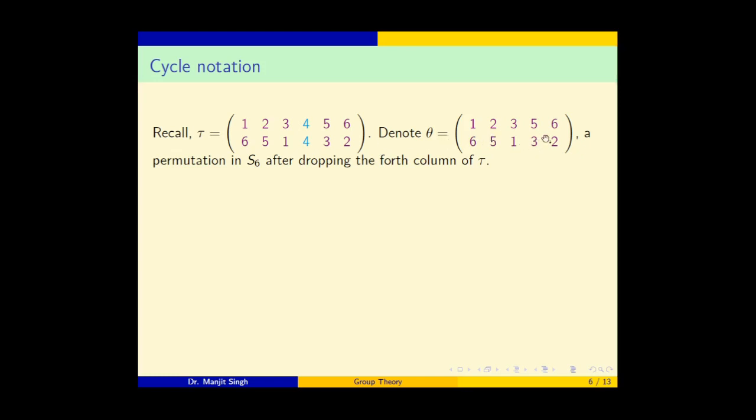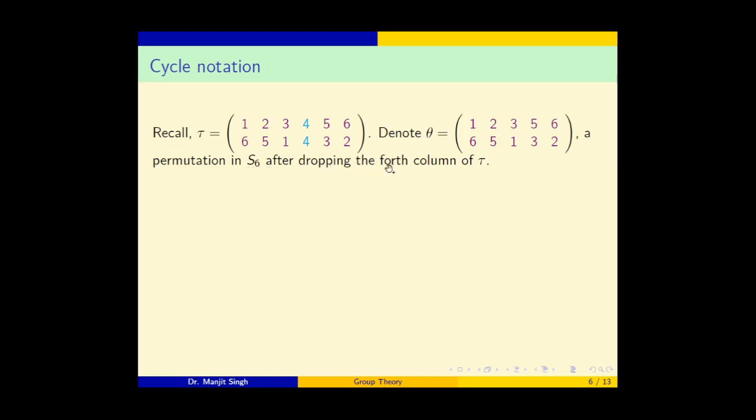Due to this notation, if we are not considering some element, it means that it is a fixed element. So theta has all the moving elements of tau. This is also a permutation in S5.